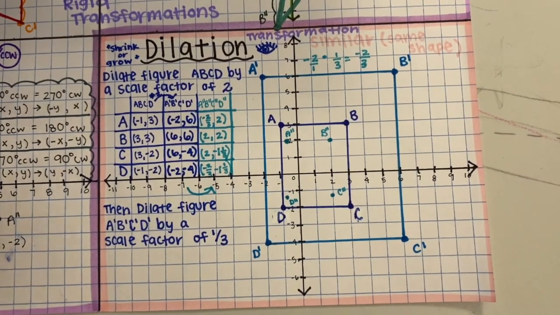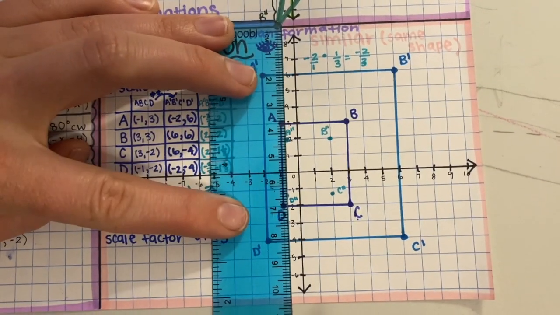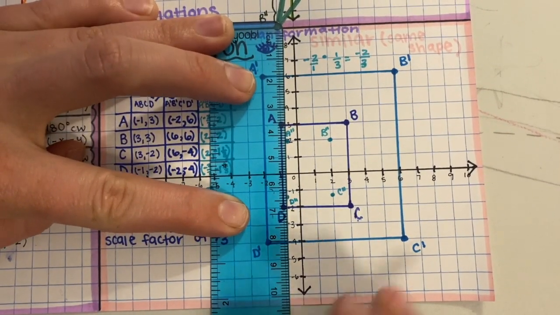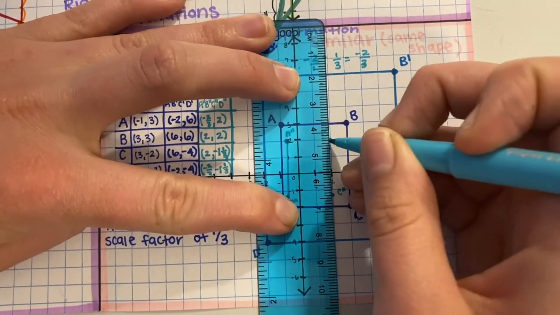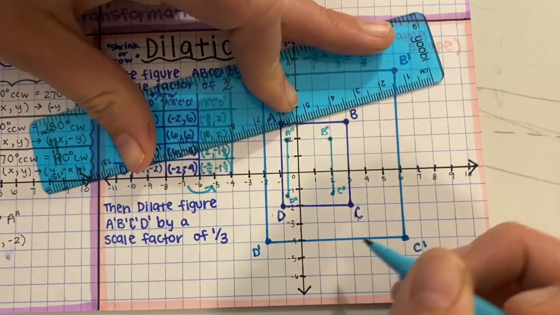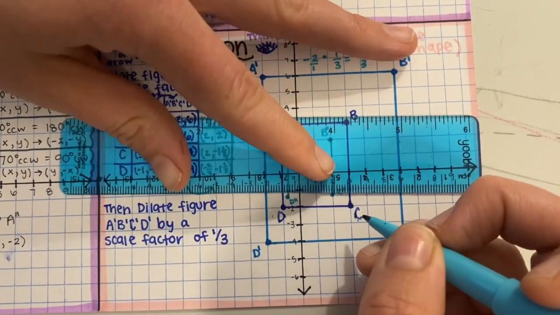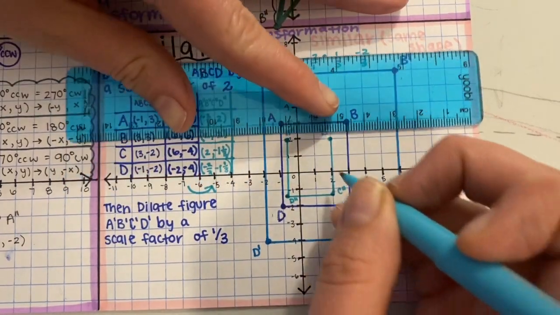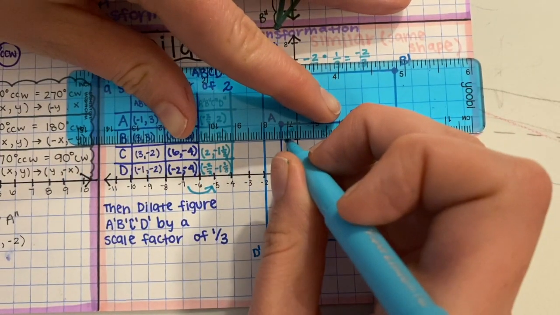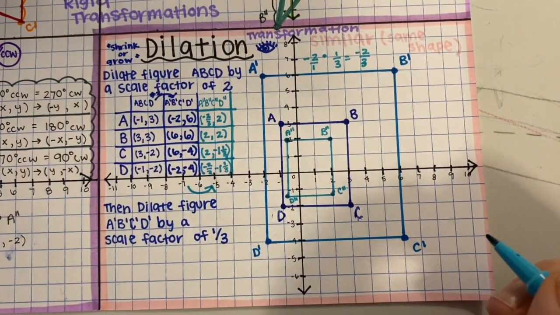So we grew our figure and we shrunk our figure. We did a dilation of a scale factor that was a fraction and a scale factor that was greater than 1. So the important thing here to remember is that a dilation changes the size.